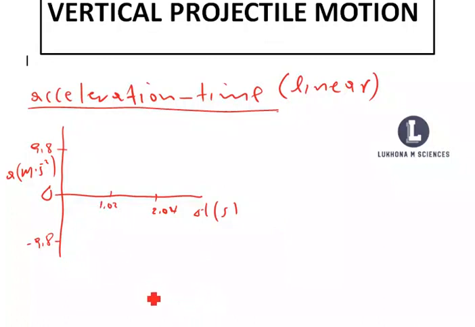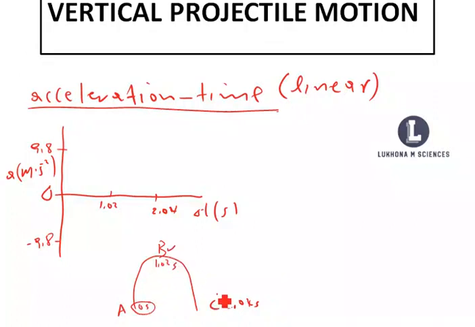So we have the object like this, moving like that, A, B, C. So the time here is 1.02. The time here is 2.04 seconds. The time at A is 0 seconds. Then the acceleration here is 9.8.